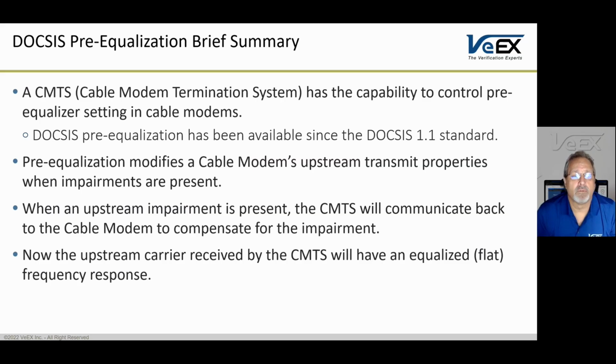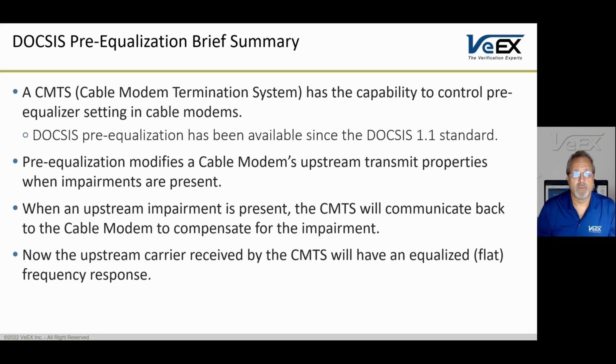So let's first talk about DOCSIS pre-equalization. The CMTS has the capability to control the equalizer settings in cable modems. This was introduced back in DOCSIS 1.1. With pre-equalization, what it does is it modifies the cable modem's upstream to transmit differently when impairments are present.